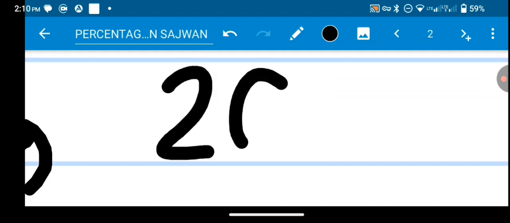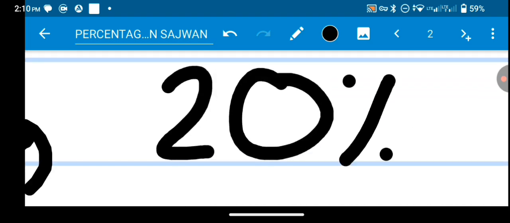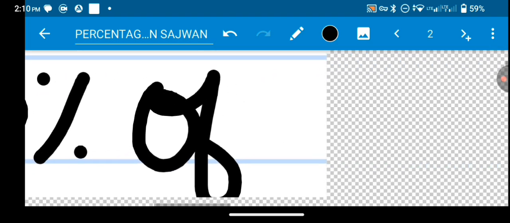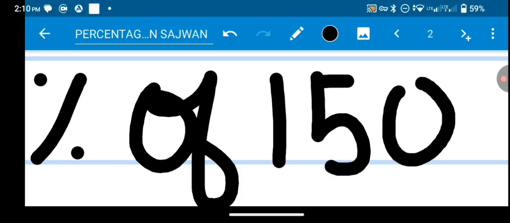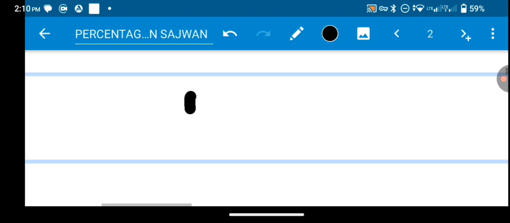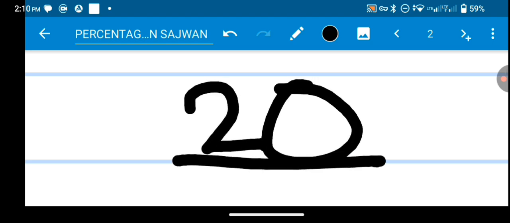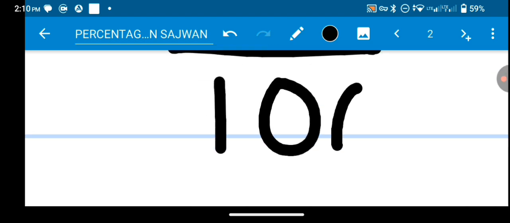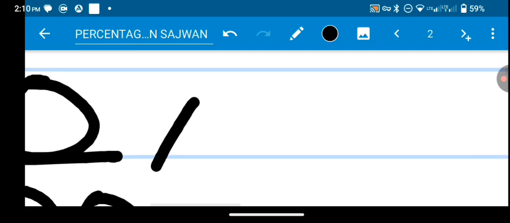20% of 150. Whenever there is a percent sign, to remove it you have to always divide by 100, and "of" means multiply.